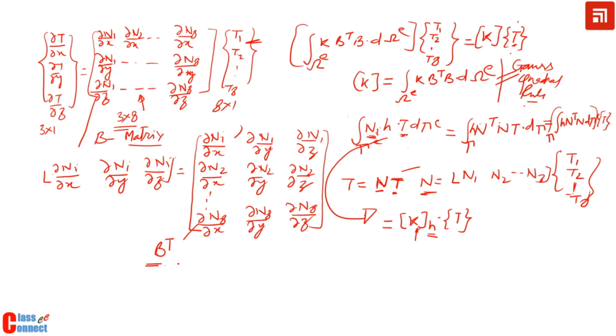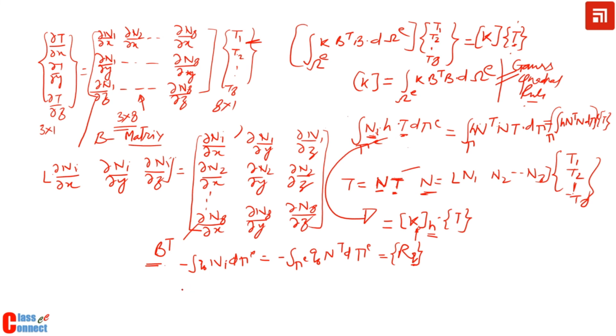The next term was minus q, that is the heat flux on the boundary, and I can write down similarly for this as q naught N transpose dσ, and we call it as R_q. That R represents the right hand side vector and q represents the heat flux boundary condition.